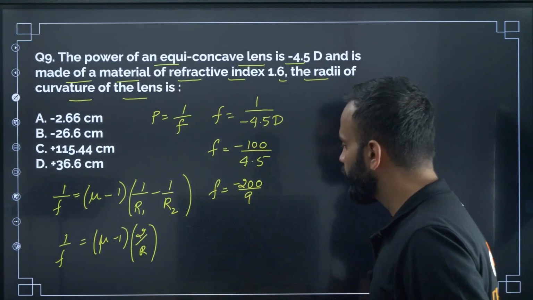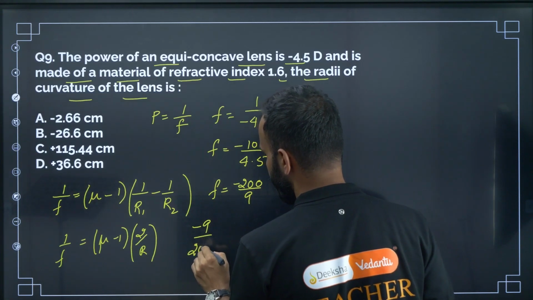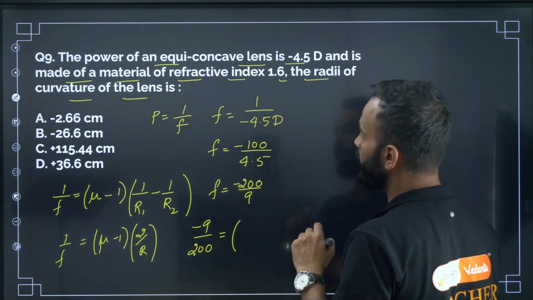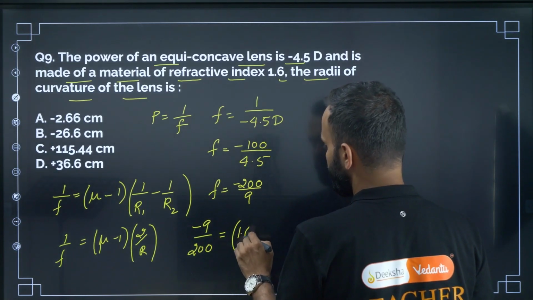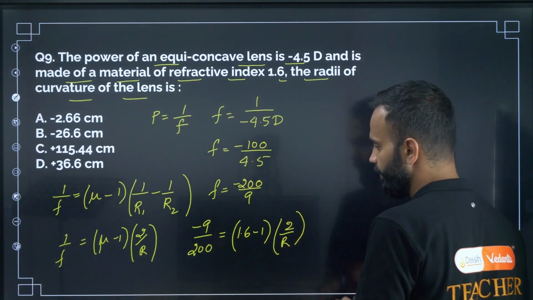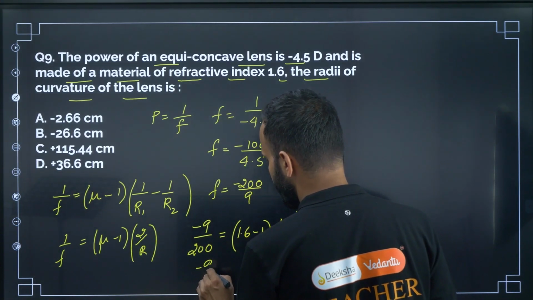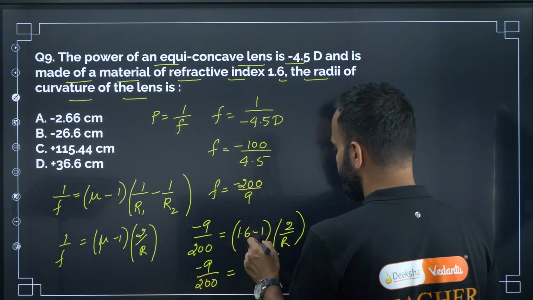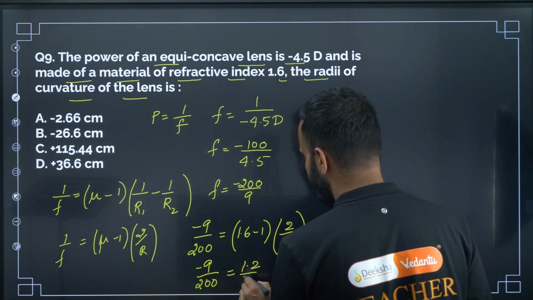So now substitute the value of f. Minus 9 divided by 200 equal to mu minus 1 into 2 by r. Mu is the refractive index of the lens, that is 1.6. 1.6 minus 1 is 0.6, so minus 9 divided by 200 equal to 0.6 into 2, that is 1.2, divided by r.